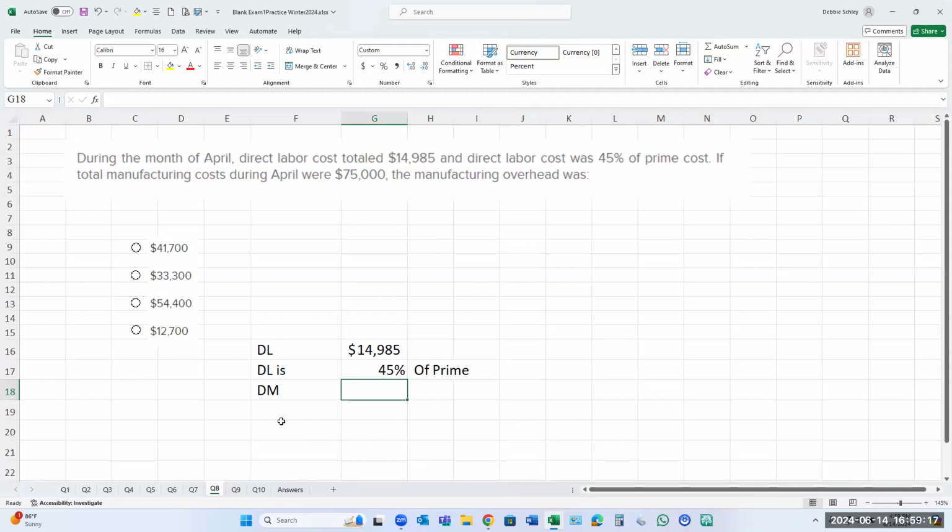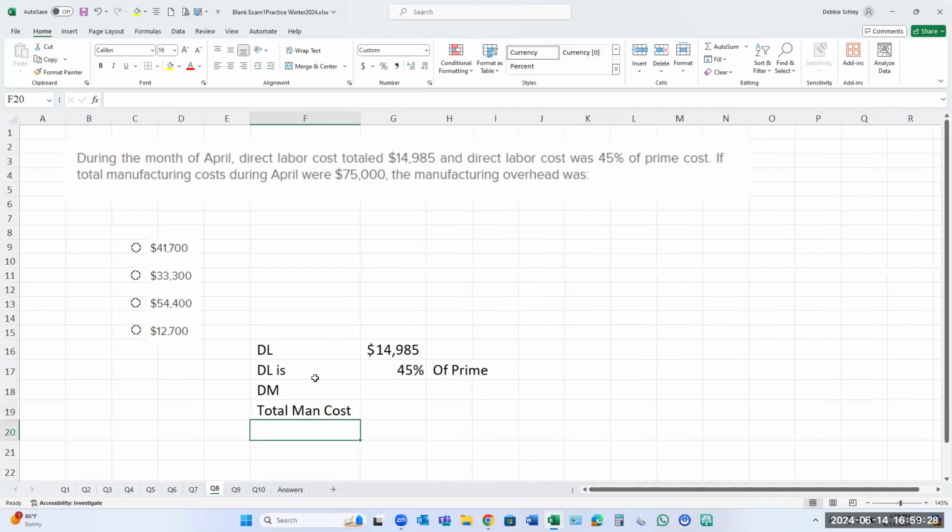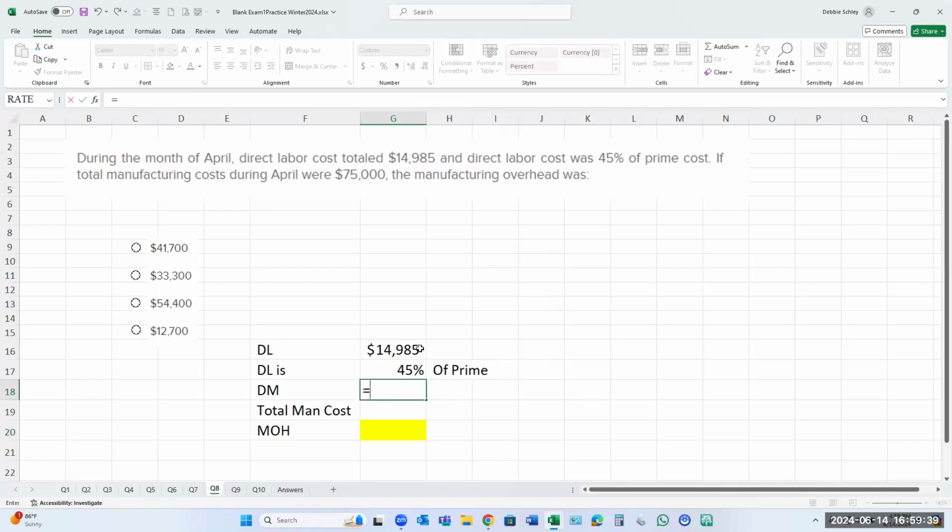So I put this here. Okay, so I'm working towards manufacturing overhead. That's what I'm trying to figure out. So if I take the direct labor cost and divide it by the percent it is of prime, that gets me back to direct materials.